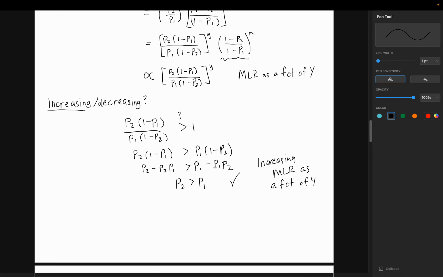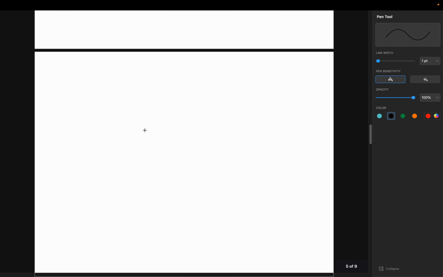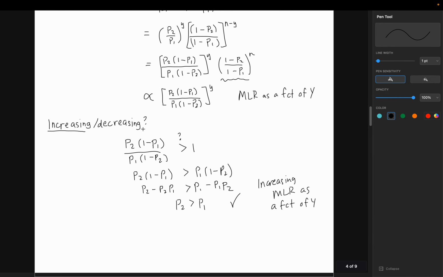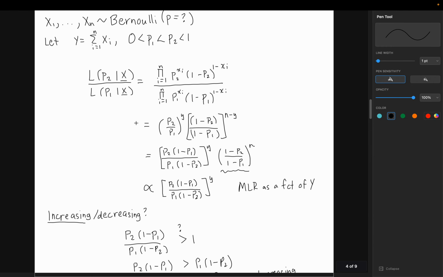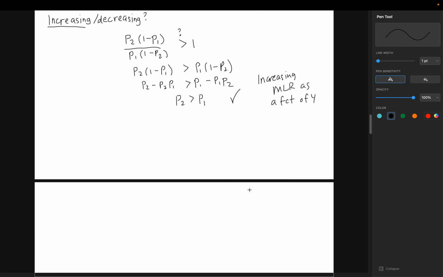Now that's really nice for us, but sometimes it is nice to have a statistic which is a decreasing function. So it will give us a monotone likelihood ratio that is decreasing as a function of some other statistic. If we wanted to do that, we could just define a new statistic. Let's let t equal negative y.